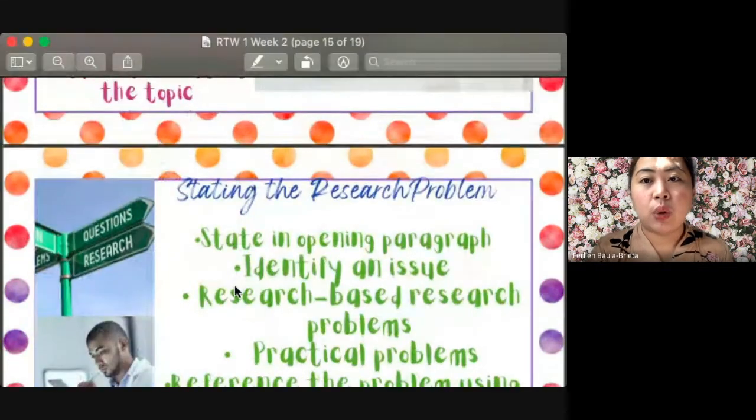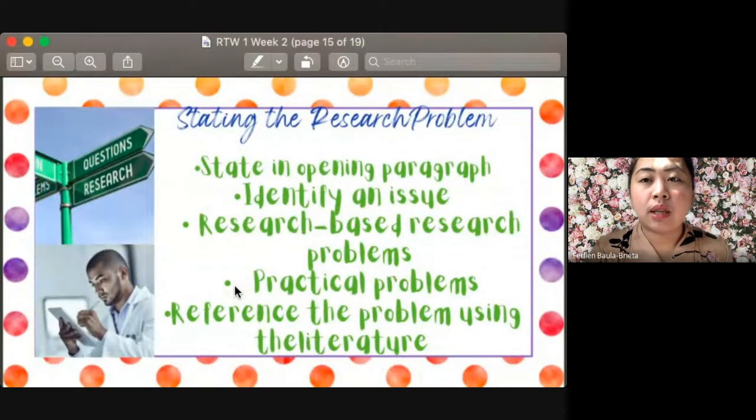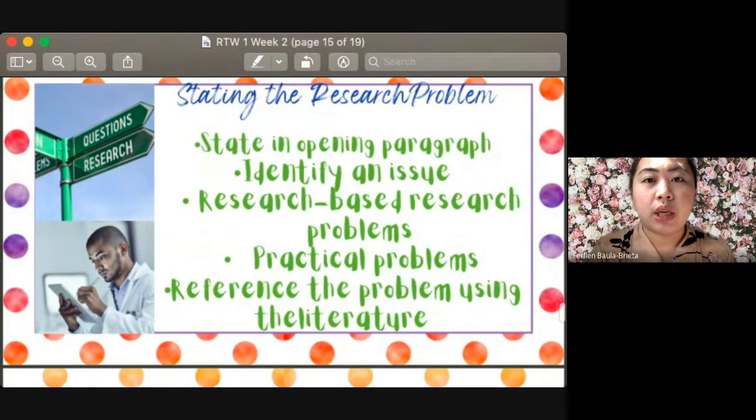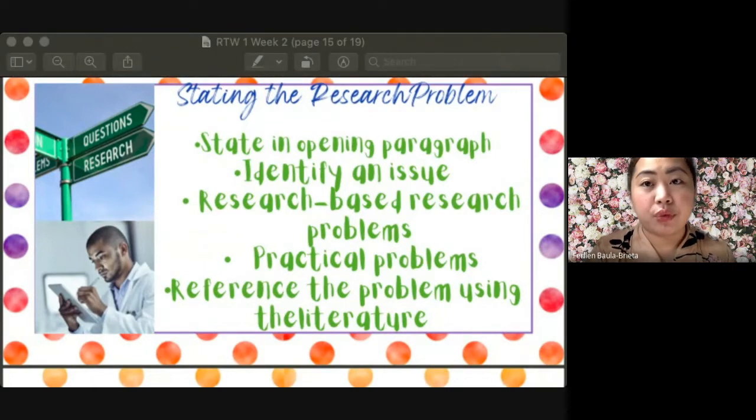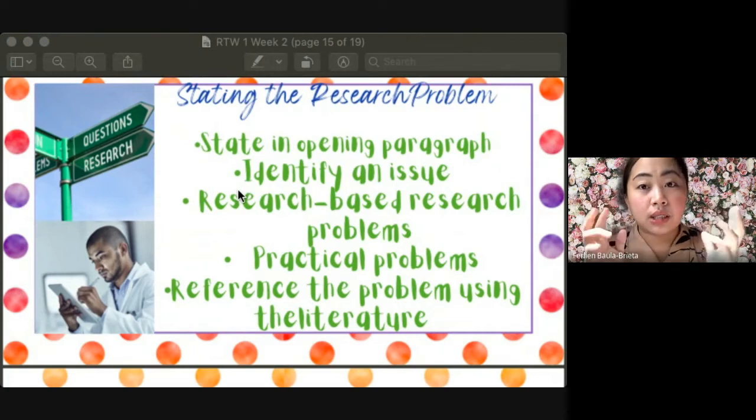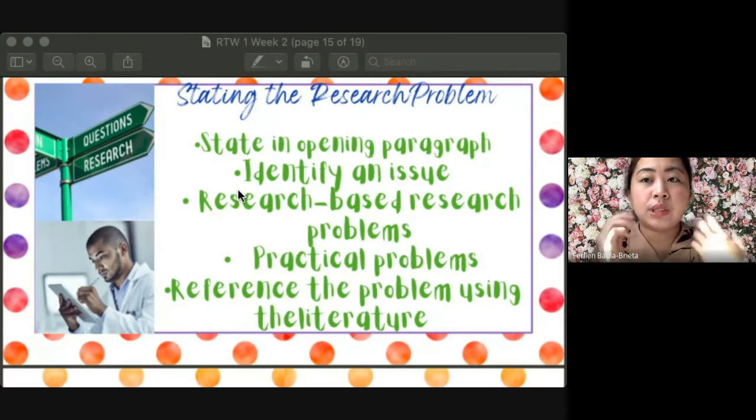You will state your research problem in the opening paragraph so that the reader would directly see what the researcher is trying to do. You are going to present the issue and the practical problems, and those statements need to be supplemented or cited with relevant, reliable sources.